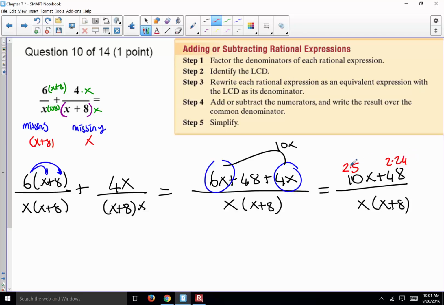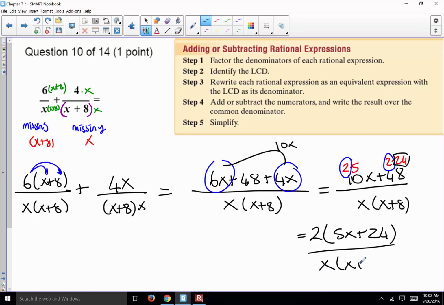Yes, if there is a possibility of further matches, but I don't see any more possibilities because already 2 is matching, and 5 and 24 have nothing in common. So I will only factor 2 and leave out 5x and leave out 24. Alright, I was hoping for some cancellations going on, but it didn't happen. This is our final answer.